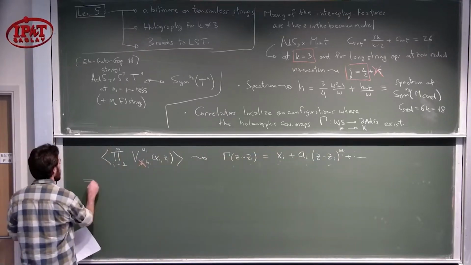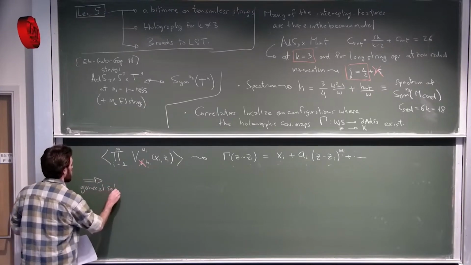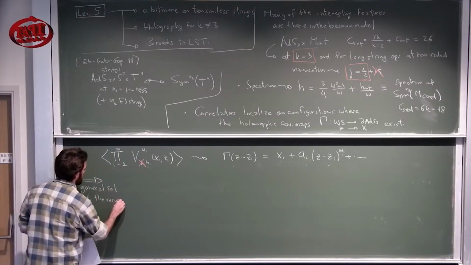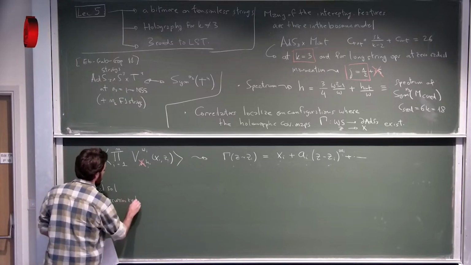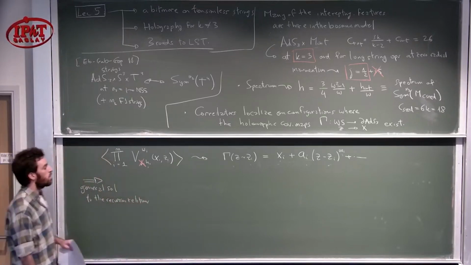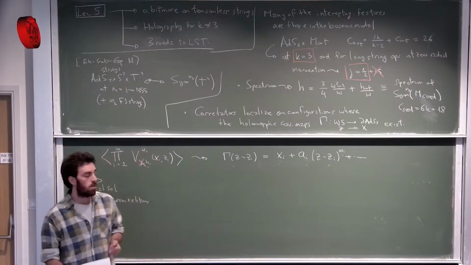And the non-trivial solution looks like this. It's a non-trivial solution to all of the recursion relations. Remember that there is one recursion relation for each vertex operator in the correlator.